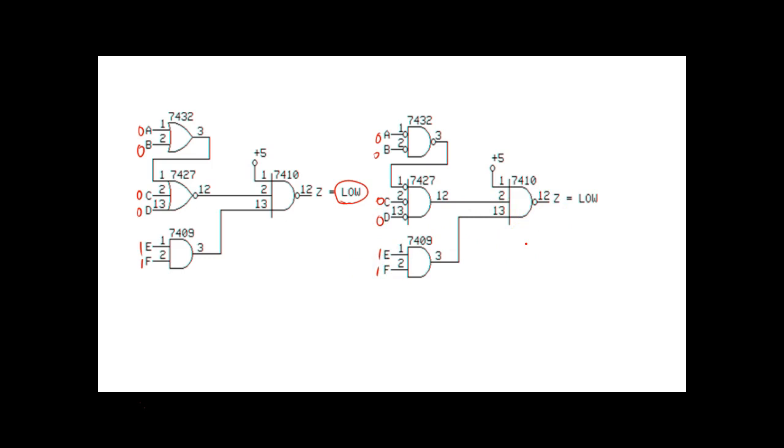Now this is the same circuit, y'all understand that? One of them's drawn in all positive logic, one of them's drawn in active logic. So what we wanted to get across is which one would be easiest to do. The one on the right, because it tells me I need lows and I need highs. The one on the left, I had to figure it out.